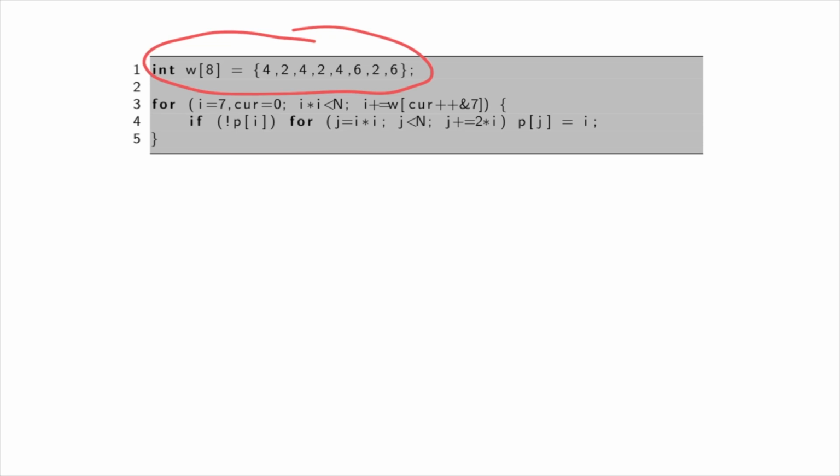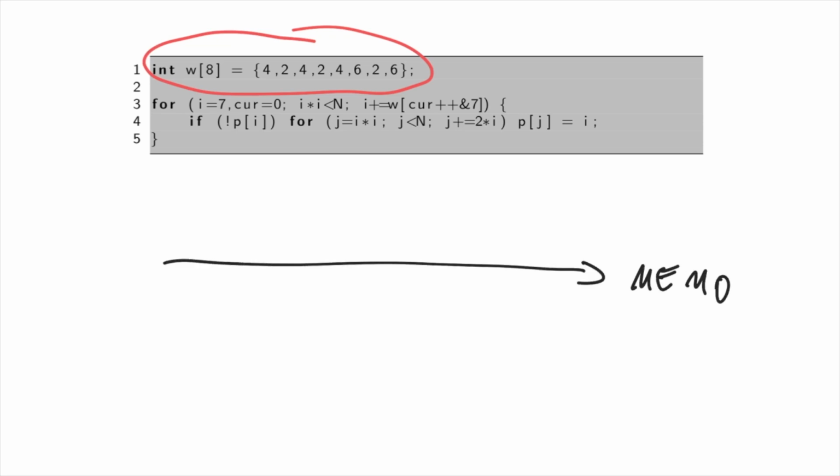We could also, for example, it's not shown here, use just 1 bit to mark whether a number is prime or not. But in principle, there's always some trade-off, right, between memory and time.